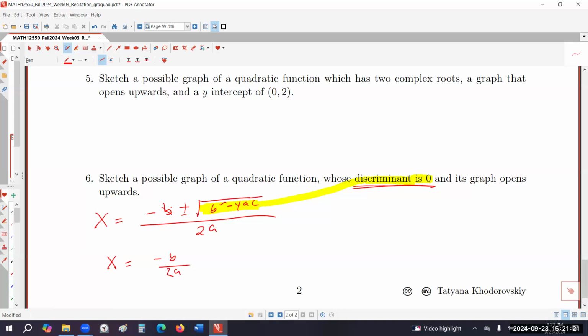So how many x-intercept do you have? Only one, right? Only one x-intercept. And it says the graph opens upward. Upward means U or upside down U. Which one? U. So how can you draw a graph that is upward, but it has only one x-intercept? How is it possible?